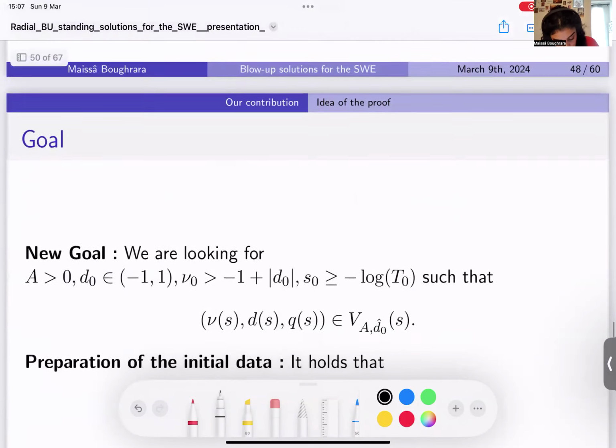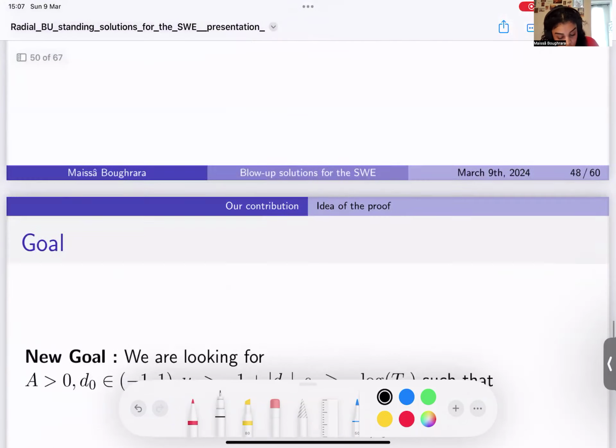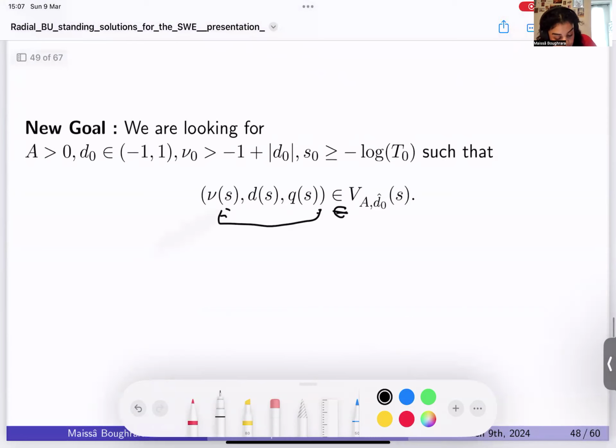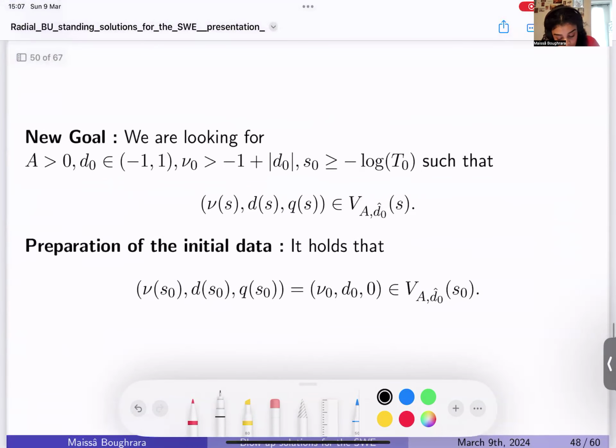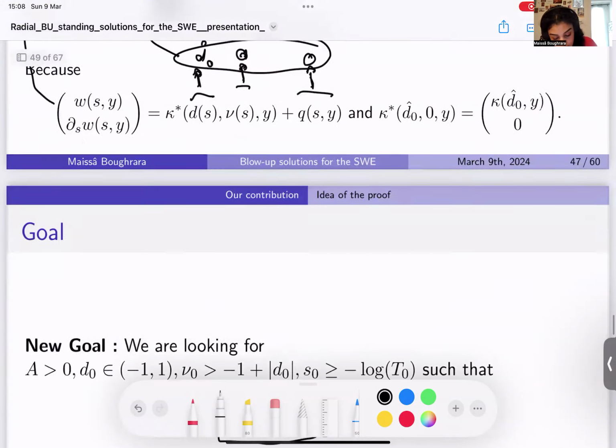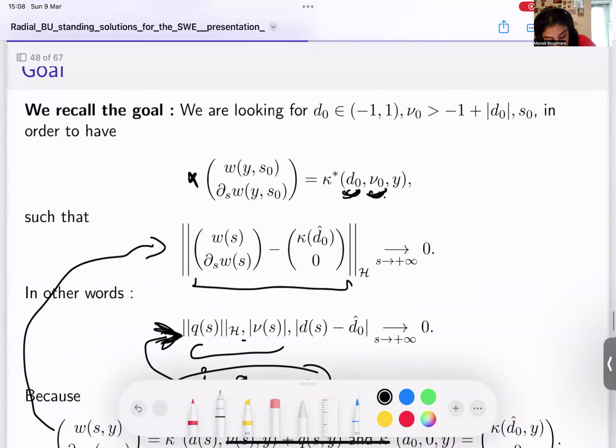Okay? So of course we need to check if the initial data of these parameters is in the shrinking set. Well, actually it is, because the initial values of these parameters are just nu 0, d0, and 0. I recall that here we have d0, nu 0, so it's like writing plus a certain 0.